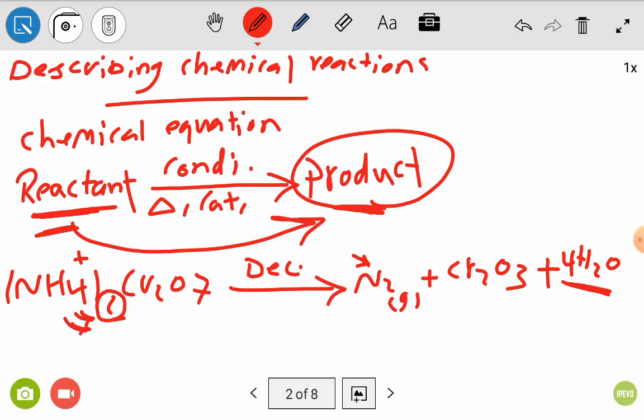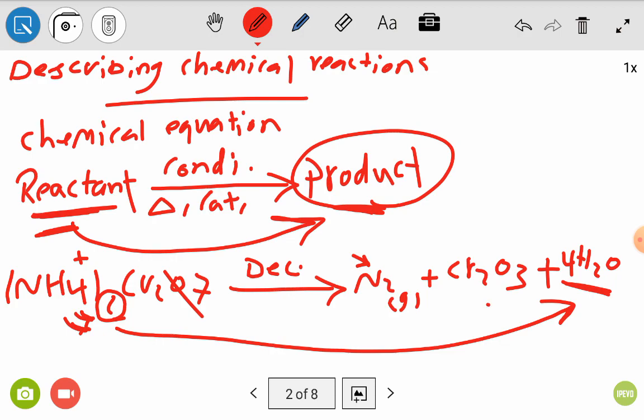The 4 hydrogen molecules are going to be formed in the product as 4H2, and we take 4 oxygen atoms to complete the compound for water, producing 4H2O. In that case, we took 4 oxygen atoms from the dichromate group, and what exactly remains after the chemical reaction is Cr2O3, chromium trioxide.